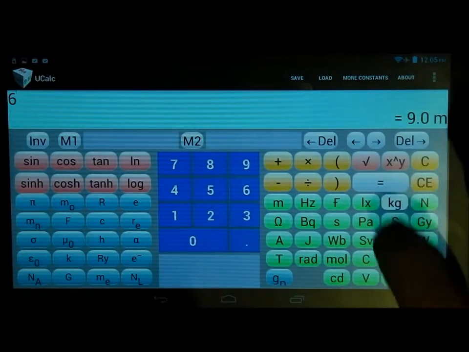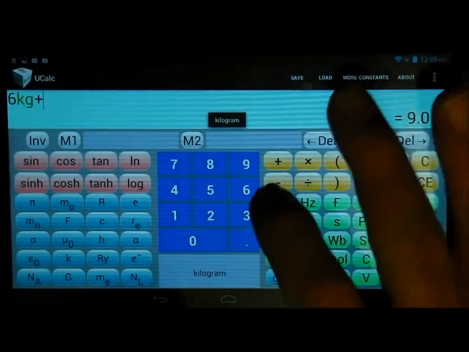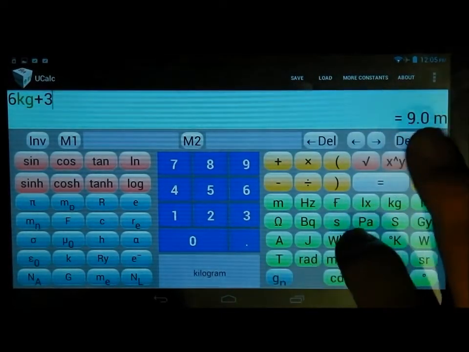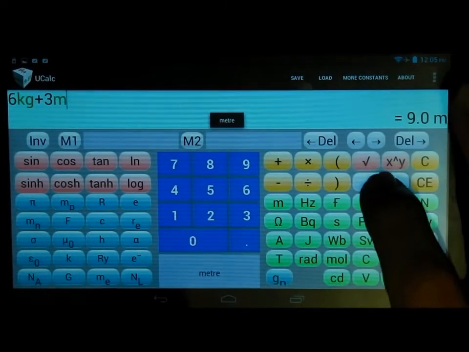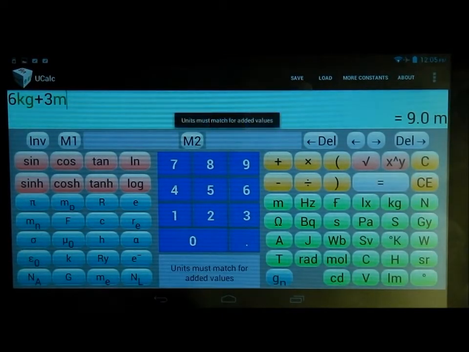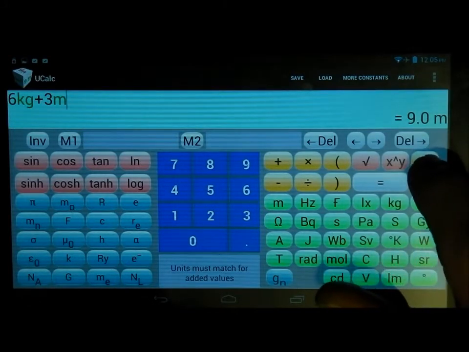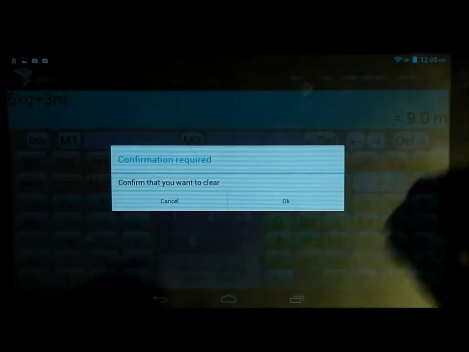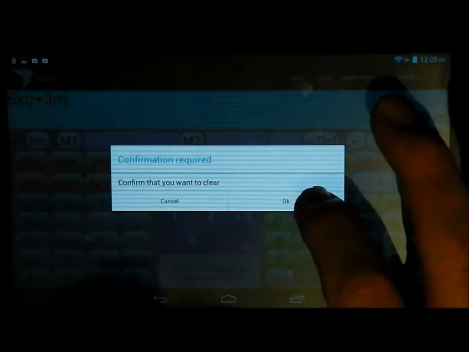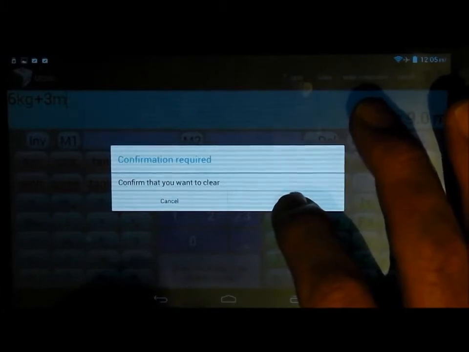Like if I try to add kilograms to meters, it'll say the units must match for added values. Okay, so we can clear that. Within that there's a lot of checking going on, obviously, and this makes your calculations that much more robust.